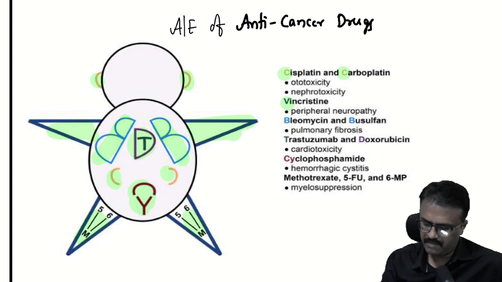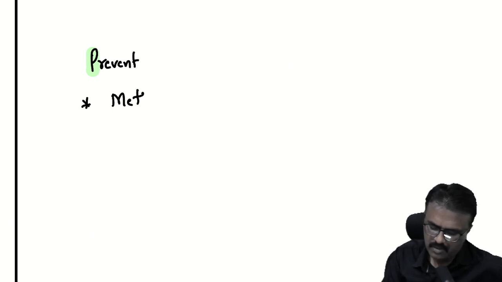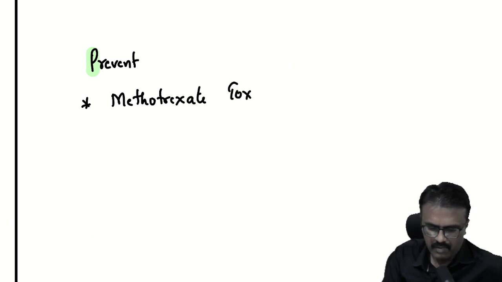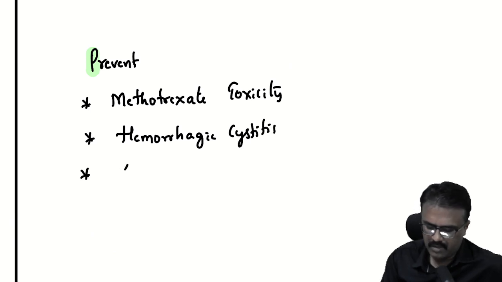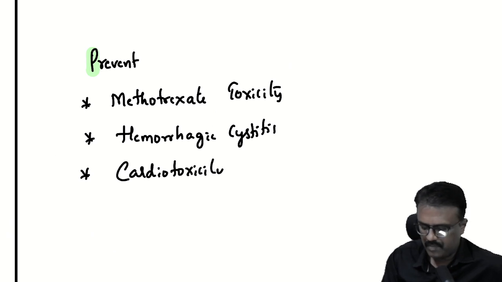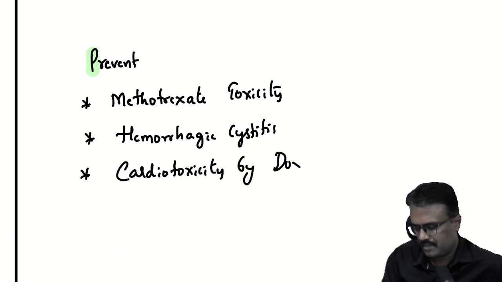Now you have to tell me, how do you prevent methotrexate toxicity? What drug will we use? Tell me. How do you prevent hemorrhagic cystitis by cyclophosphamide? How do you prevent cardiotoxicity by doxorubicin?